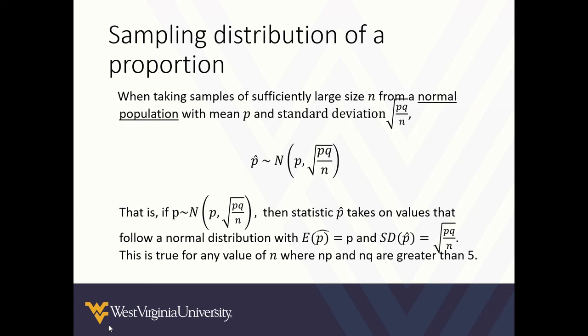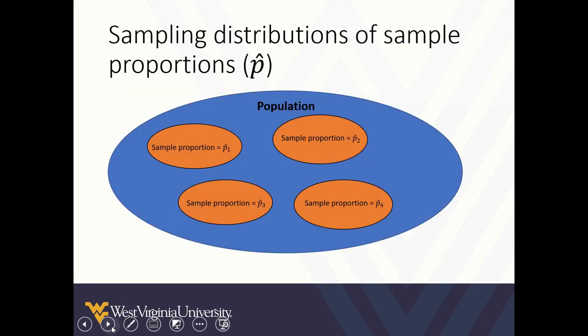And this is going to be true for any value of n where both np and nq are greater than 5. And recall q is 1 minus p. So if p is 0.05, then q is 0.95.